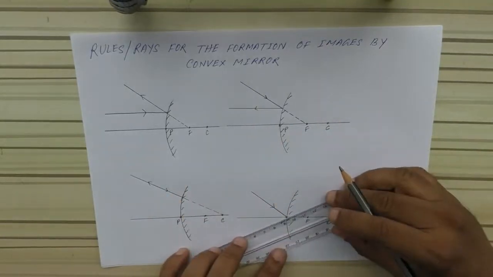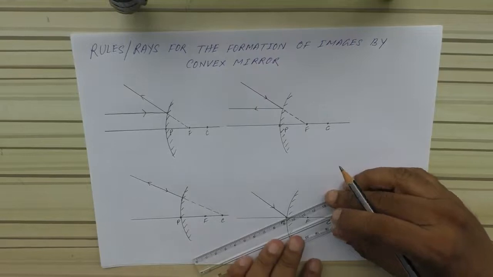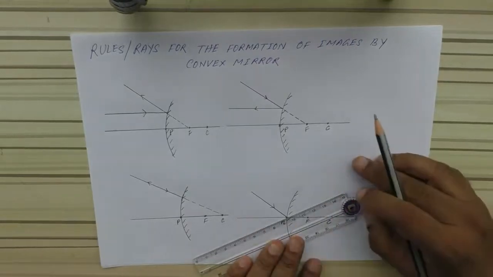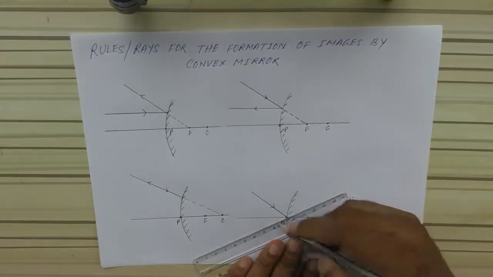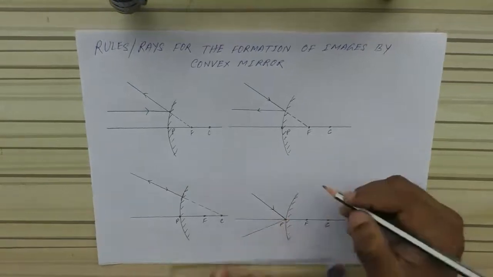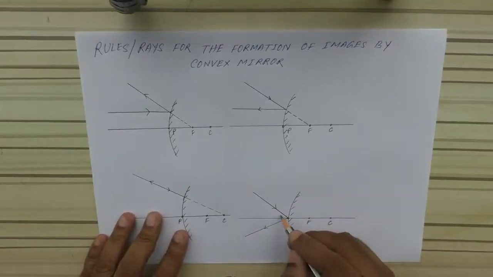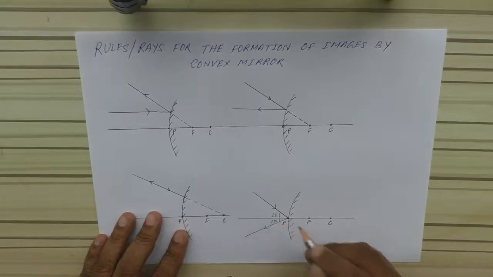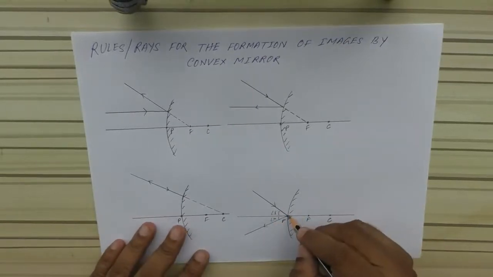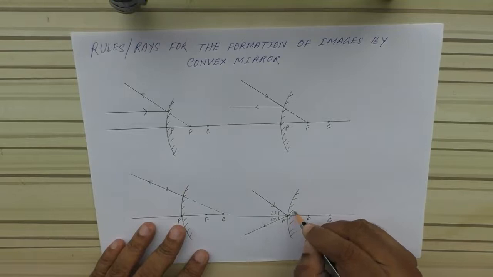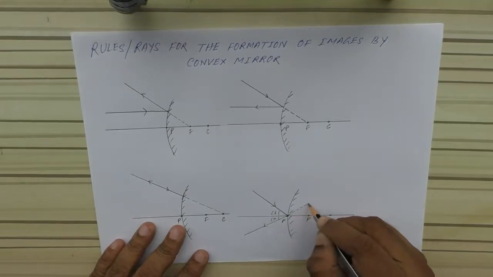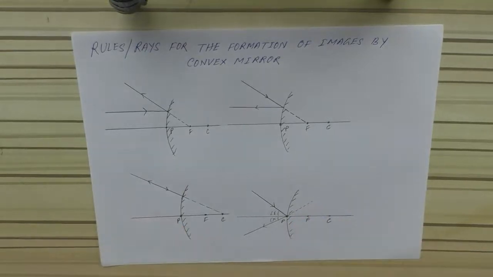Symmetrical reflection where the principal axis behaves like the normal. So this line will behave like the normal, and this is the reflected light ray. These two angles should be equal, angle of incidence and angle of reflection, and we can extend it back. That will help us in formation of images.